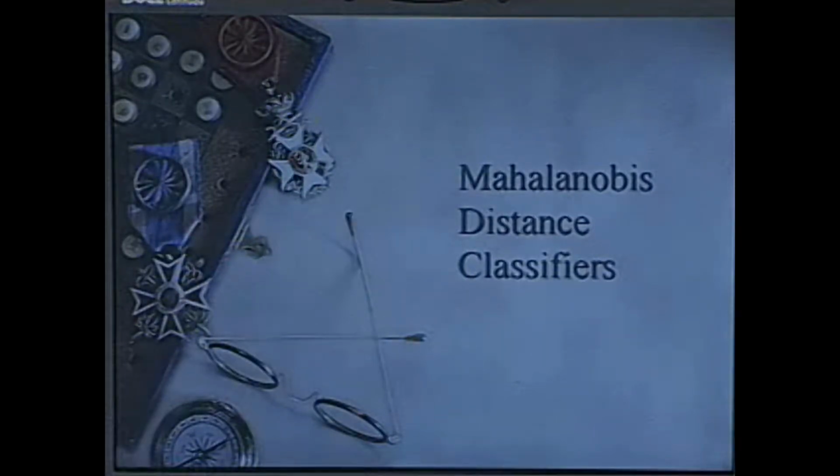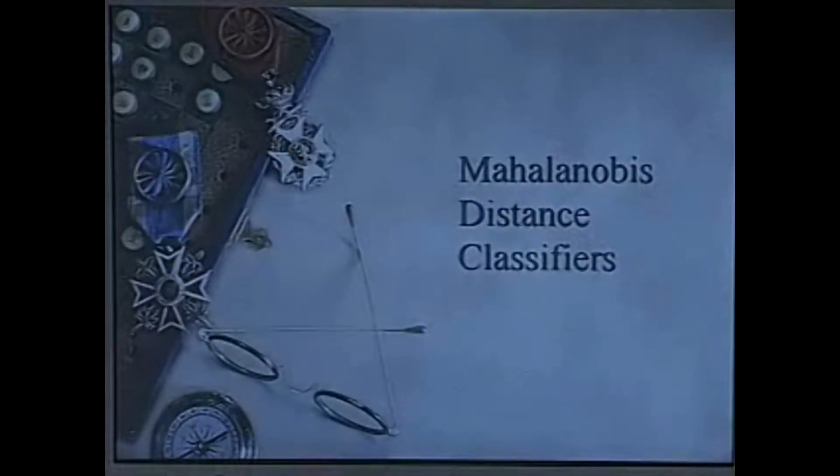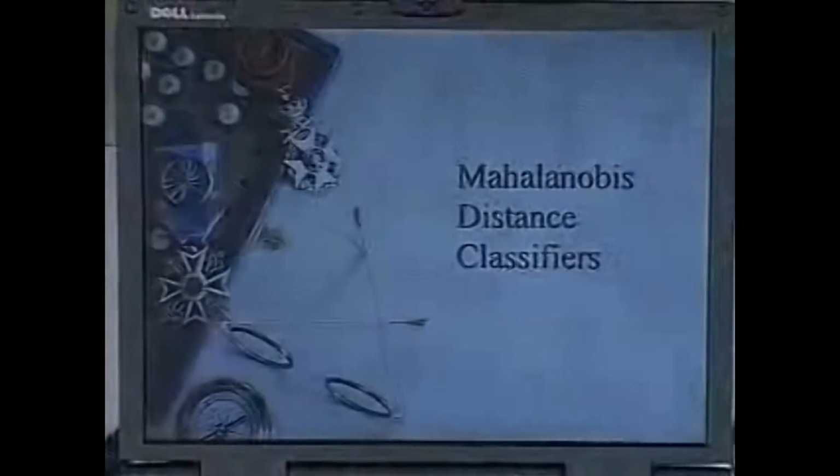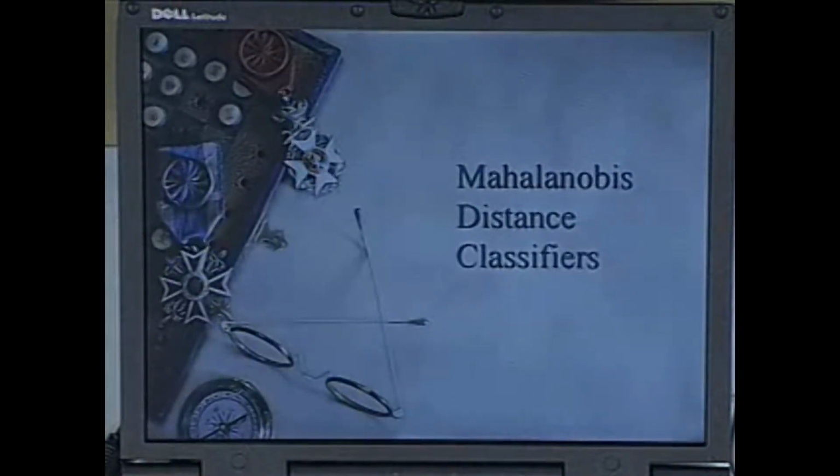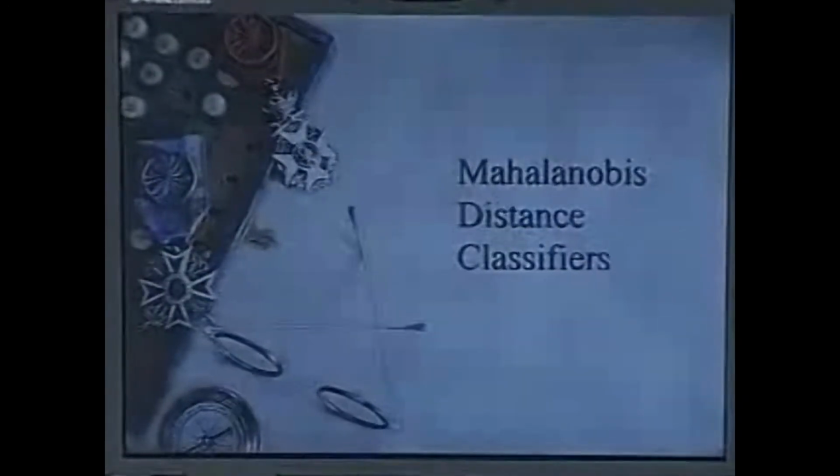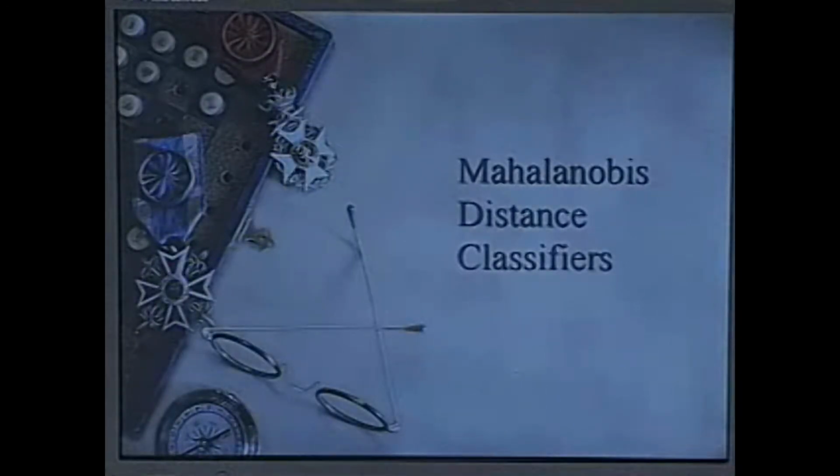I want to ask you a question before we get into the Mahalanobis distance. There's been kind of an assumption here when we had our points in this space that they are equivalent to each other in some sense. And in some sense, we're mixing apples and oranges. I'll tell you why.